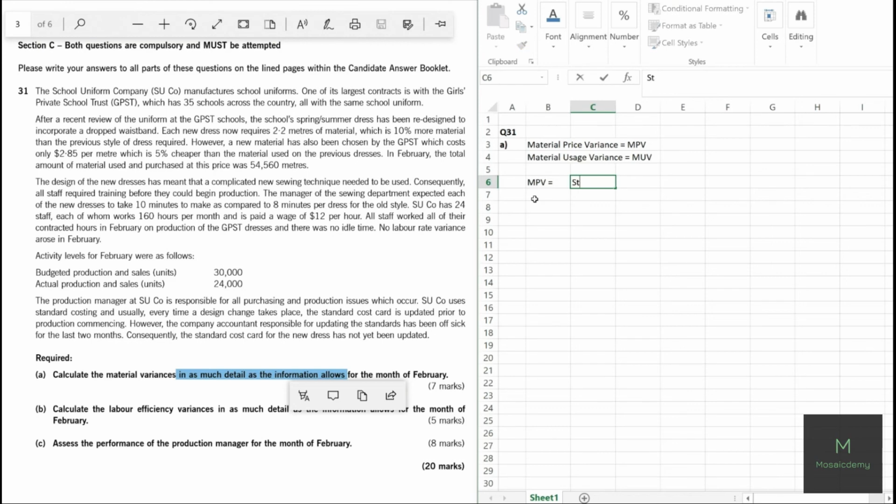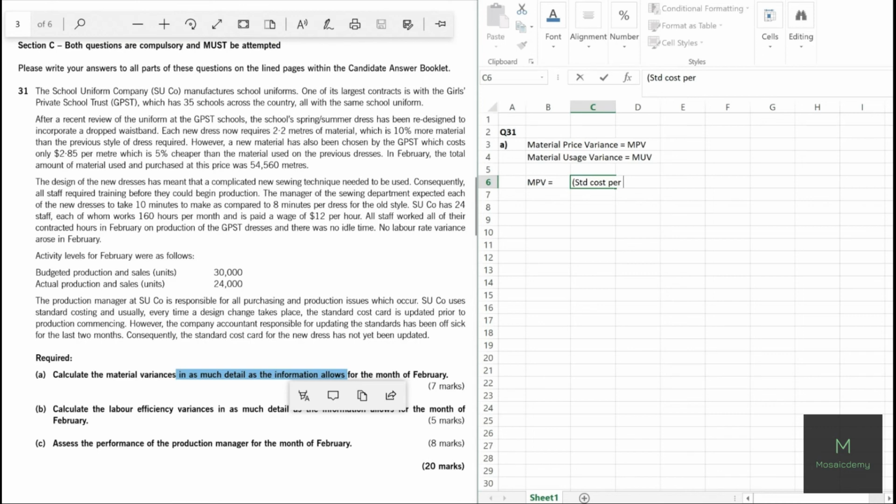So it's the standard cost in brackets. It's the standard cost per kg if we're dealing with kg, or in this case, or maybe we're dealing with something else like meters possibly. Let's just read the question to find out. So it says the school uniform company manufactured school uniforms. One of its largest contracts is with the Girls Private School Trust, which has 35 schools across the country, all with the same school uniform.